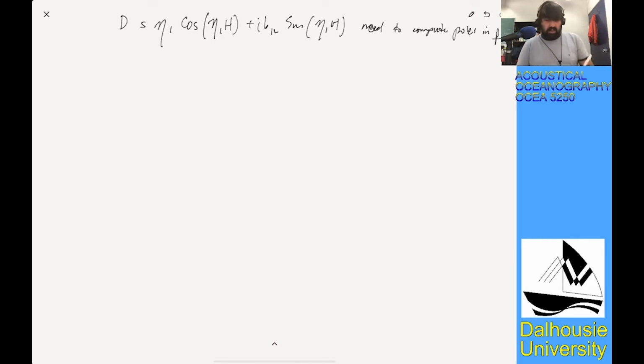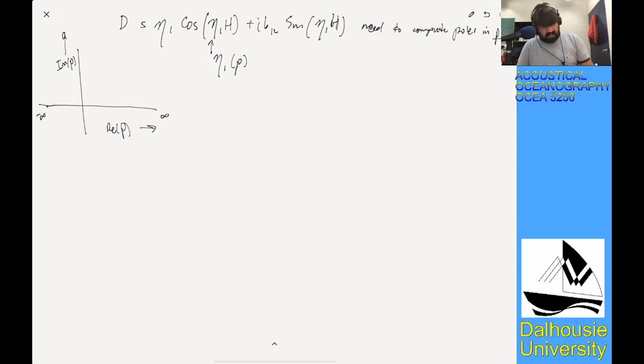And you might be thinking, okay, what poles and what are we talking about here? Eta is a function of p. P is what we're integrating over, right? Here's the complex plane where we have real p in this direction, imaginary p in this direction, and we're trying to integrate from negative infinity to infinity.